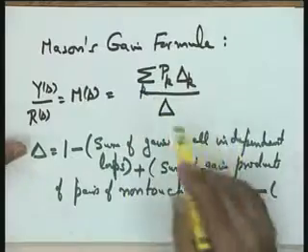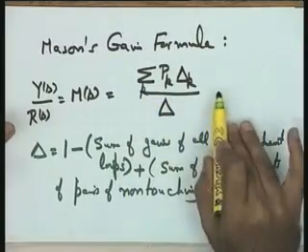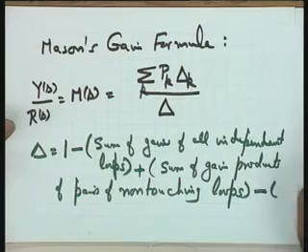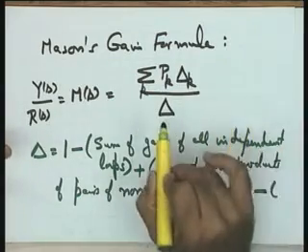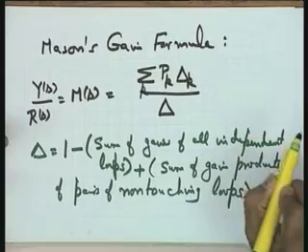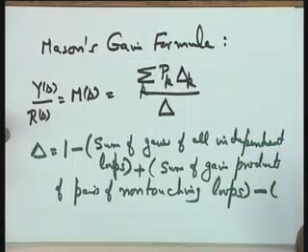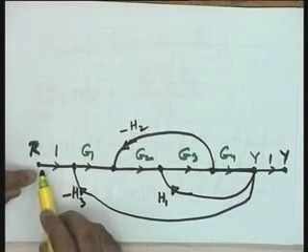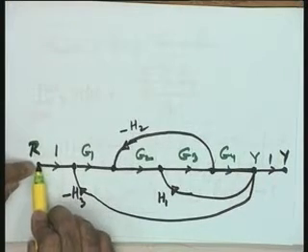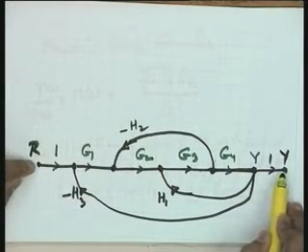Now, let me go to Pk and delta k. K, it is with respect to k only. So, it is going to be P1 delta 1 plus P2 delta 2 plus P3 delta 3 and so on. What is P1? P1 is the gain of the first forward path. So, Pk actually is the kth forward path. What is a forward path? Forward path is the gain when you travel from the input node to the output node.